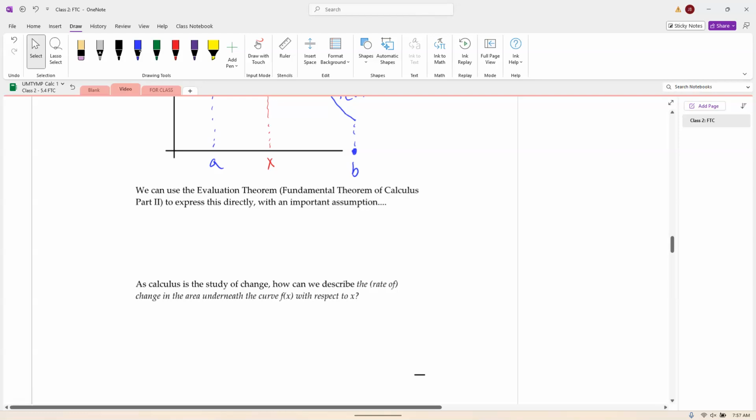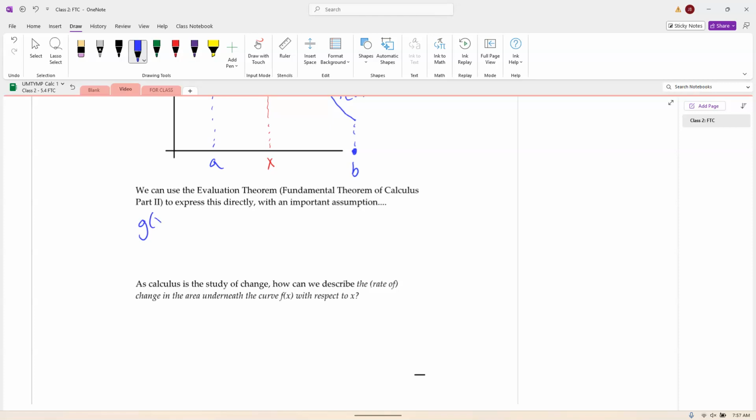Okay, so now let's take a closer look at this function that I just defined, g of x, as the integral from a to x of f of t dt. According to the evaluation theorem, this was going to be big F of x minus big F of a, where I'm using big F prime to be the derivative, big F prime would be little f.